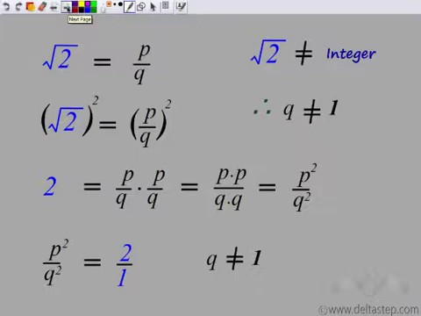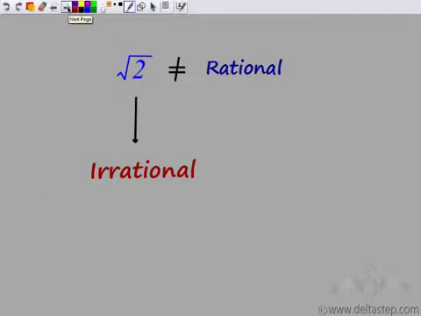So I cannot express root 2 in the form p by q because I get a contradiction here. Since root 2 cannot be expressed as p by q, I can say that root 2 is not a rational number. A number that was not rational was called an irrational number. This is how we can say that root 2 is an irrational number.